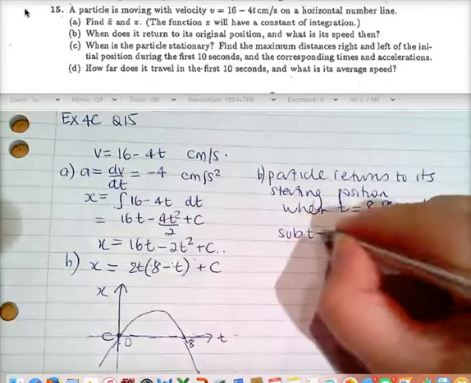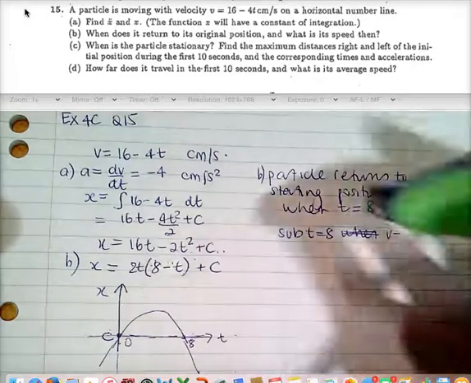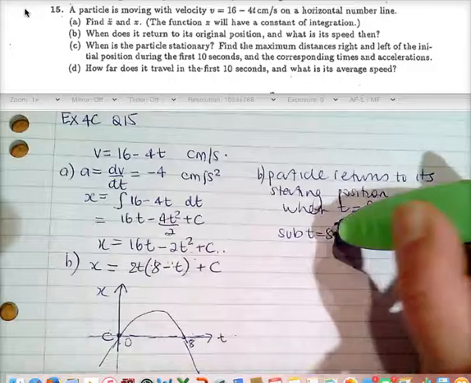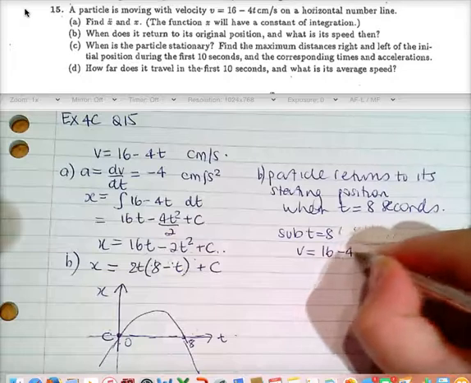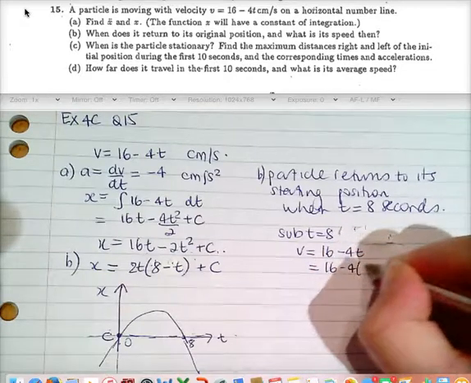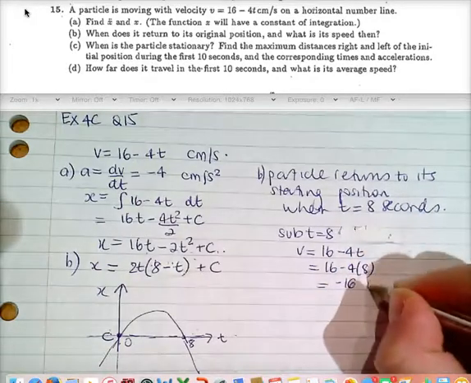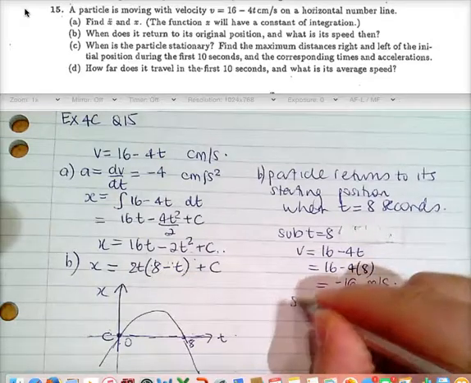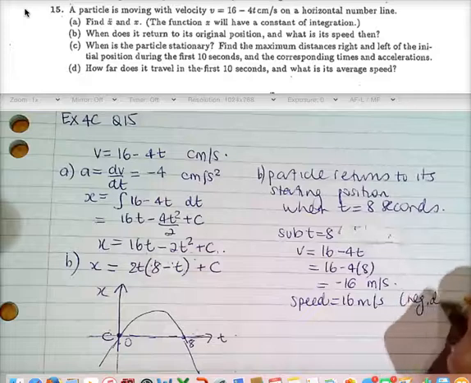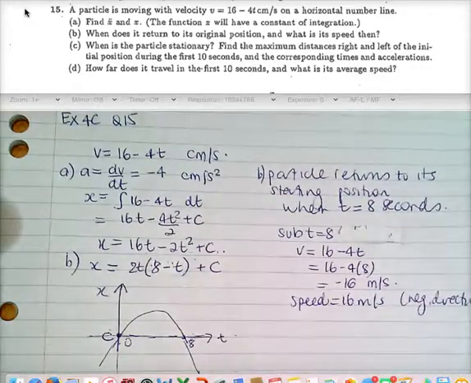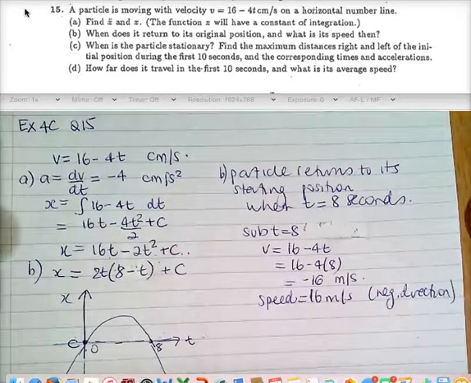We just substitute t equals 8 into the formula for v, and we get v equals 16 minus 4 times 8, which is 16 minus 32, it's negative 16 meters per second. So the speed equals 16 meters per second, but it's in the negative direction, so that's what the negative is for that velocity. So it's travelling at 16 meters per second in the negative direction.